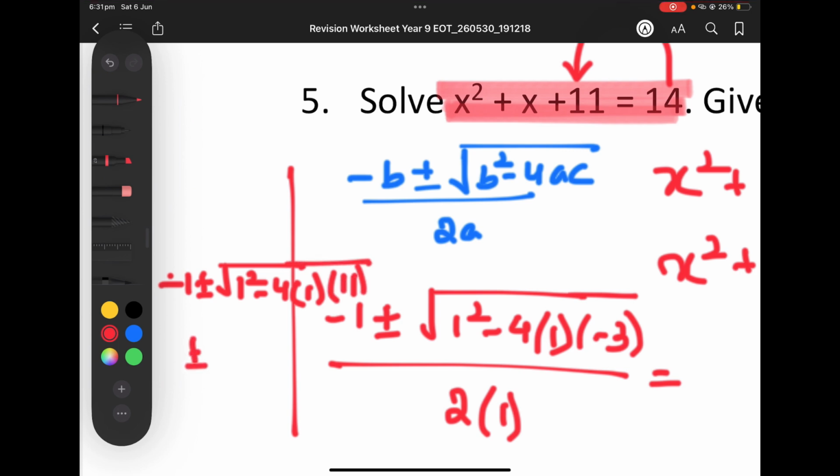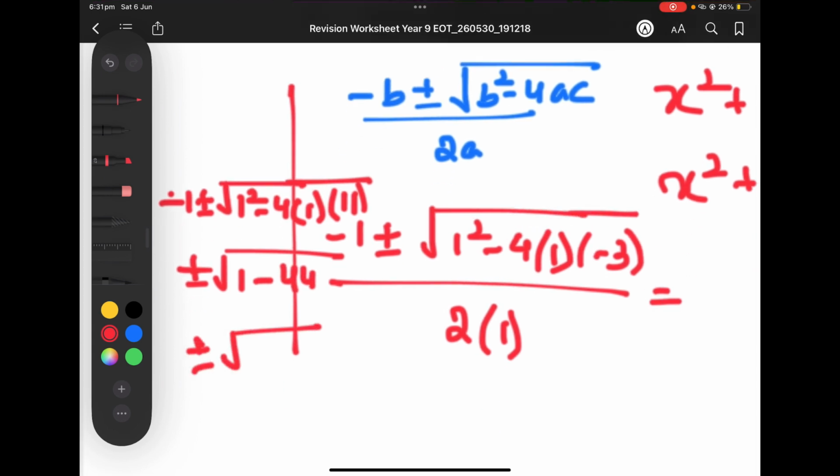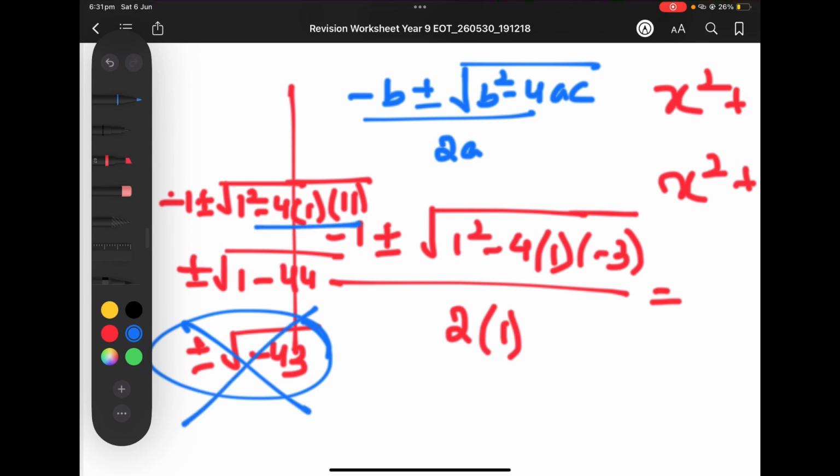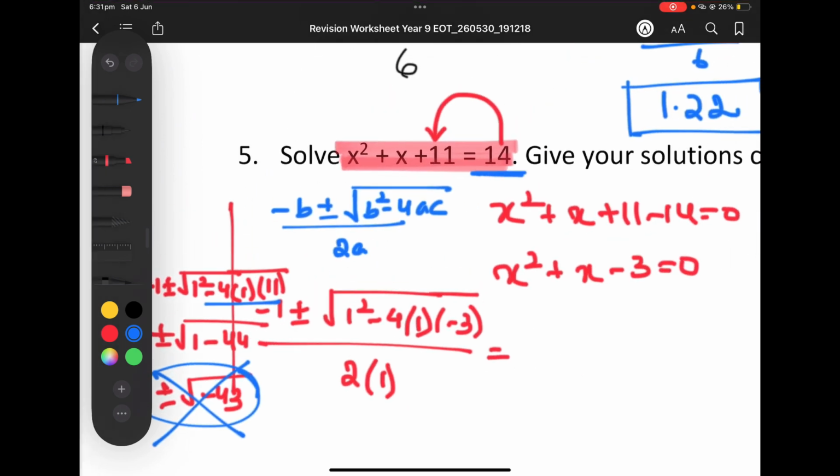When I solve the inside bracket part, it becomes 1 minus 44, that becomes plus or minus root of minus 43. Root of negative numbers is not possible in mathematics. So that's where I made a mistake, and I checked what was there. It was a 14 which I did not solve.